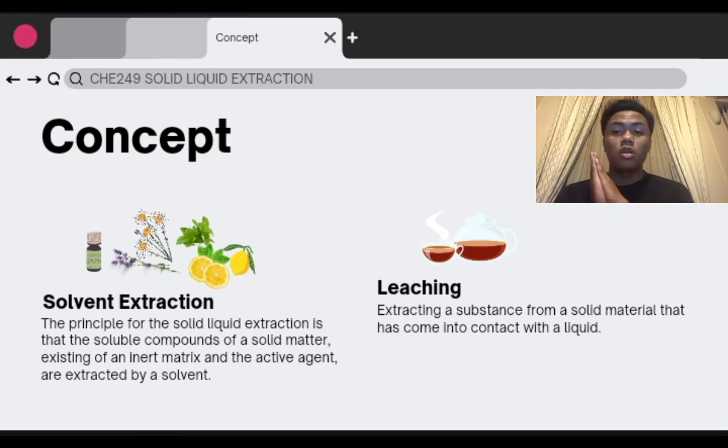In this extraction, as I explained just now, there is solvent extraction and also a term called leaching. Okay, so first, the solvent extraction.